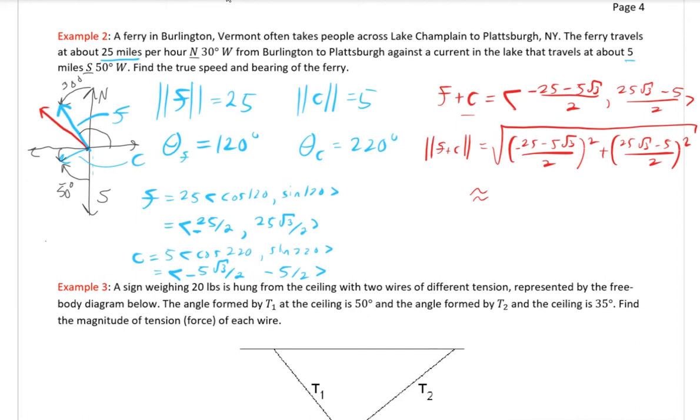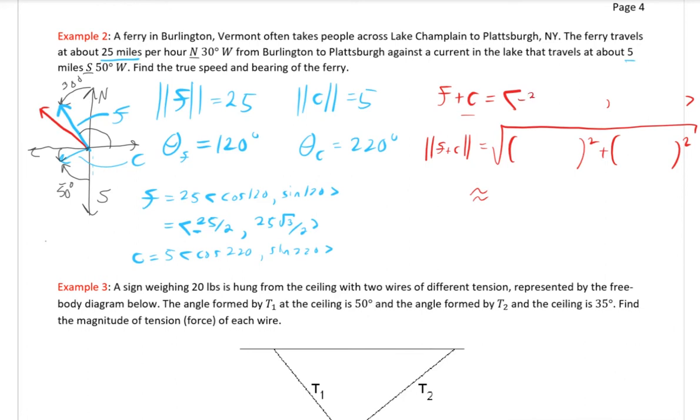Oh, hold on. We actually can't do cosine of 220. It's not a nice number, so both of those are off. F plus c is actually going to be negative 25 over 2 plus 5 cosine of 220, which is negative. And then the other one is going to be 25 root 3 over 2 plus 5 sine of 220.